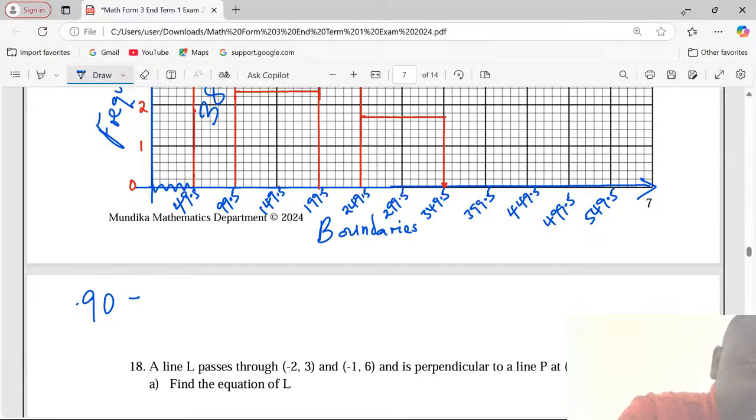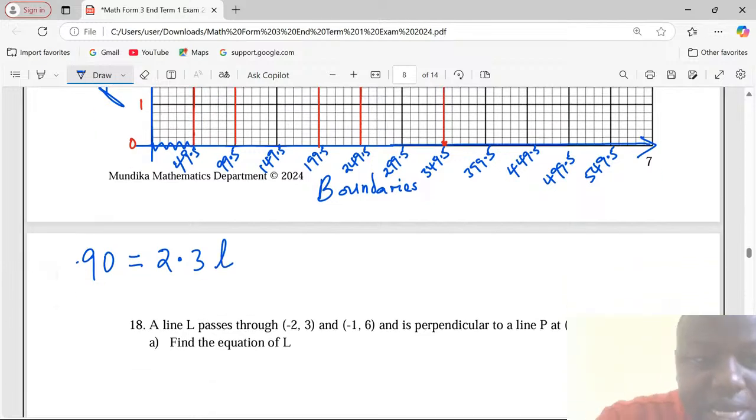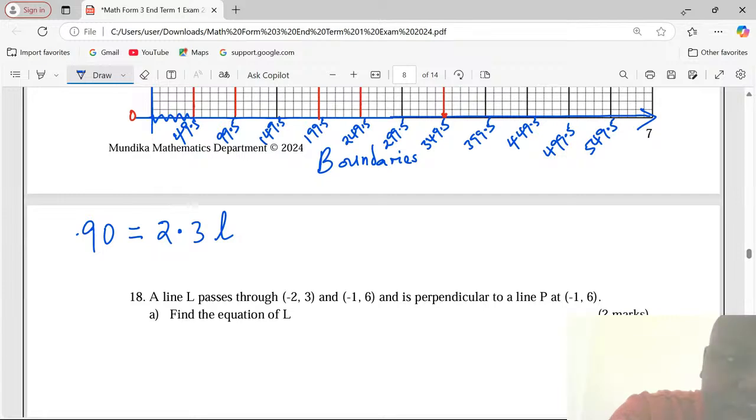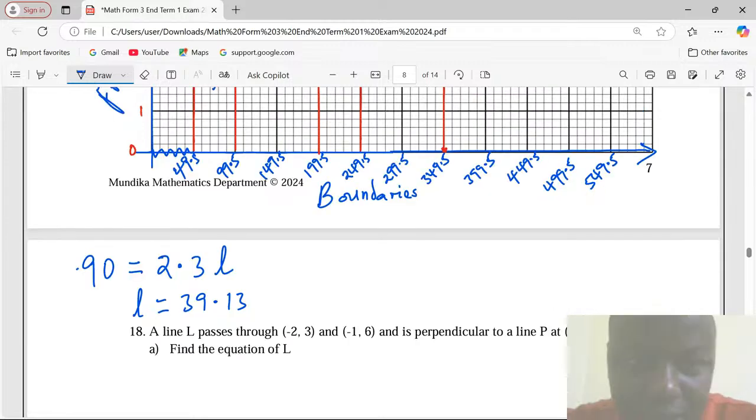We want 90, with a height of 2.3, and we need a certain length that when multiplied by the fixed height gives 90. So how do we get the length? We take 90 divided by 2.3, which is 39.13.